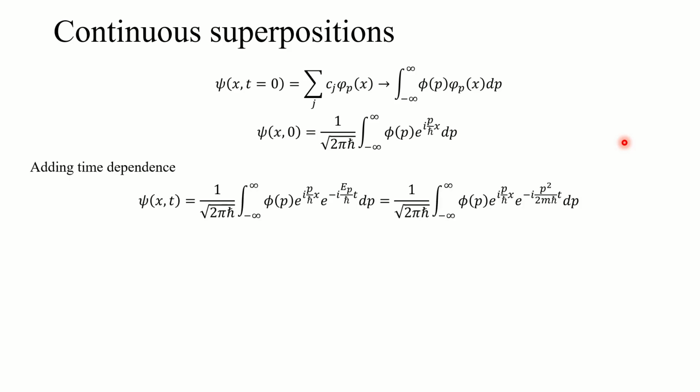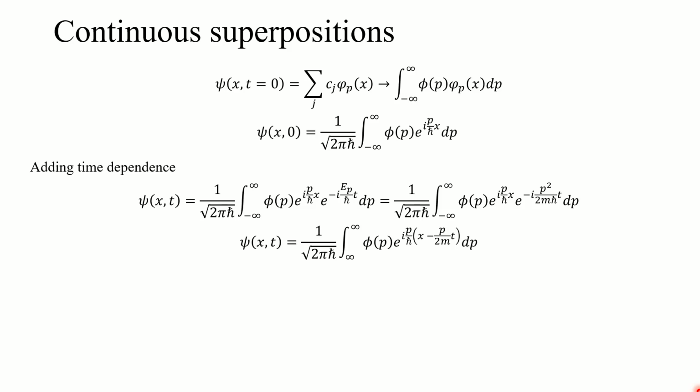We get this. If we add that time-dependent phase factor to get our time dependence, and then the value of what that energy is in terms of the momentum, we end up with this, which we can again simplify to show how that term actually has the form of a wave.